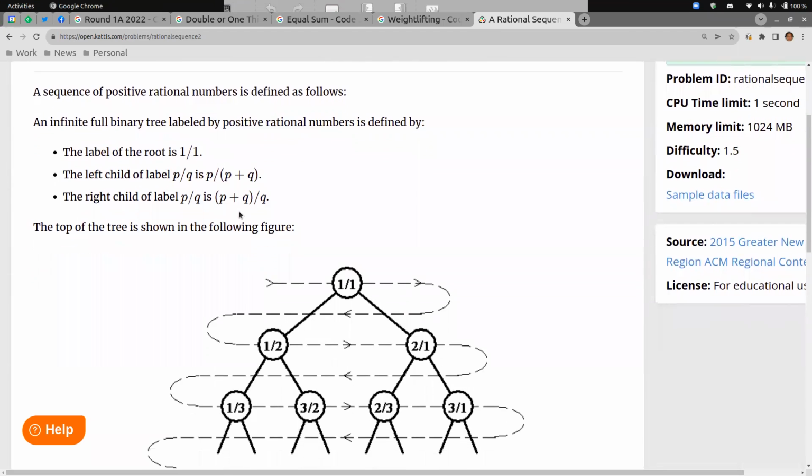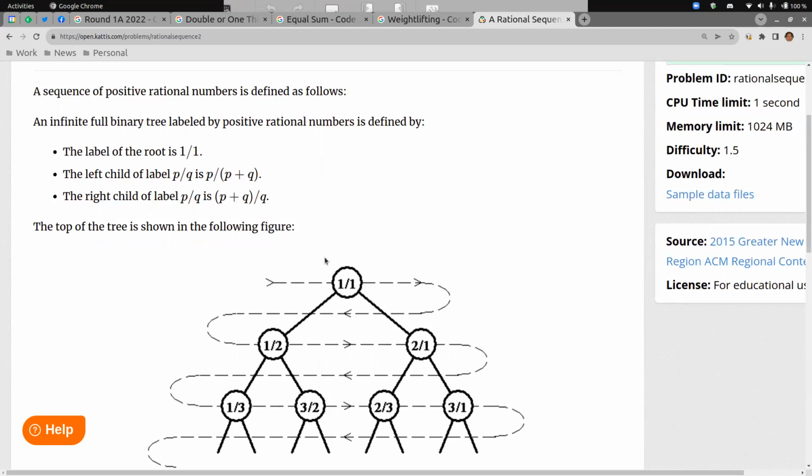First of all, the root is 1 over 1, so it's the number 1. And then if you have a node that is P over Q, then the left child has the same denominator, but the numerator becomes bigger, so the numerator is P plus Q. And then the right child is P plus Q over Q.